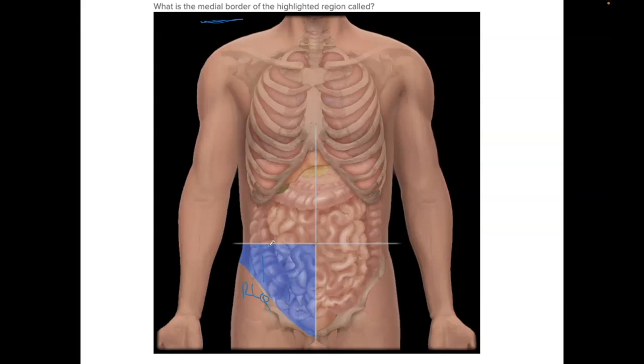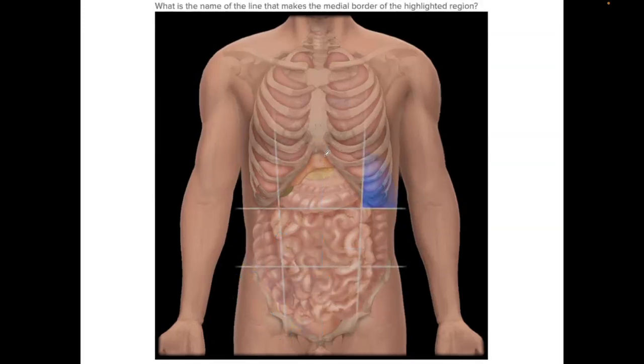You have to know that this is superior, this is inferior, this is lateral, and this is medial. So what is the medial portion? Well, this is medial. So what is this line? That's mid-sagittal, right? They're asking a few pieces of information. They're getting two for the price of one there.